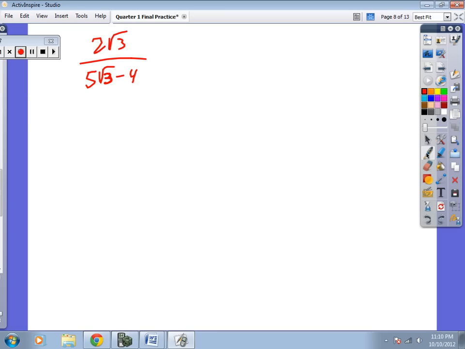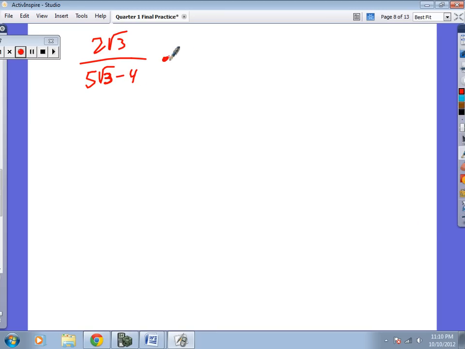And you're going to use a conjugate. Because this is a binomial, there's two terms, I'm going to multiply it by 1, that's the trick. But your 1 is going to be kind of an interesting one. It needs to be a binomial that when you multiply these two together, all you're left with is a whole number, an integer.